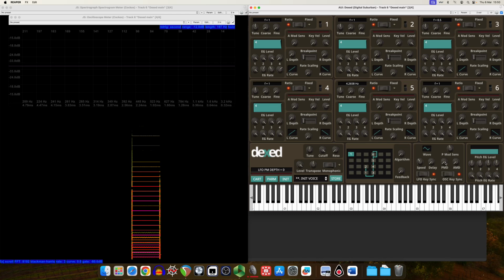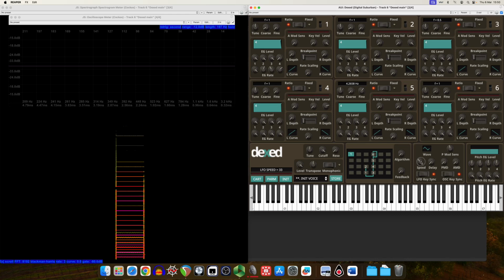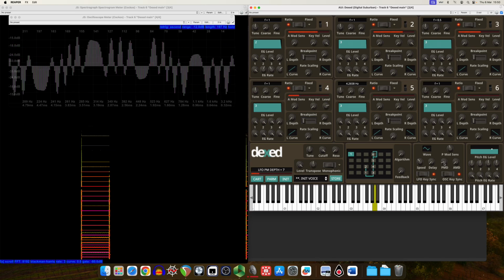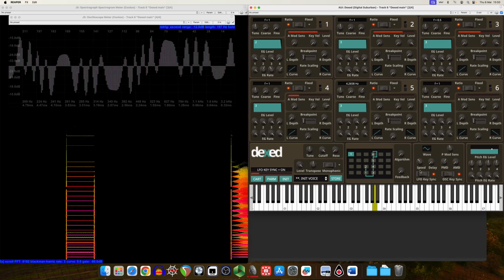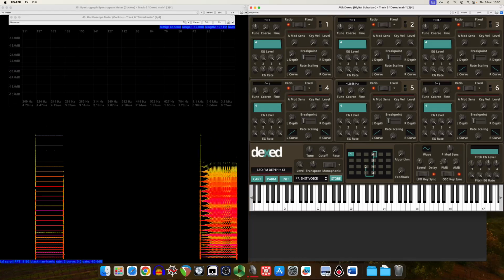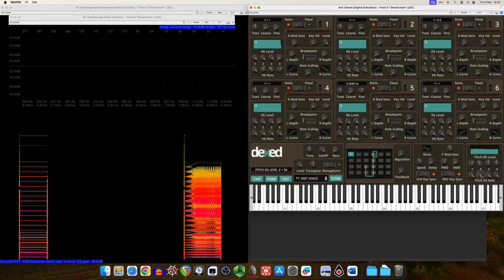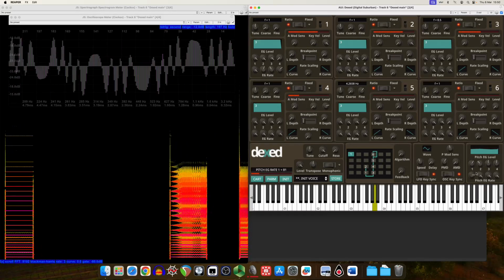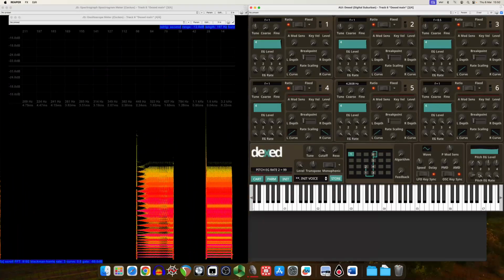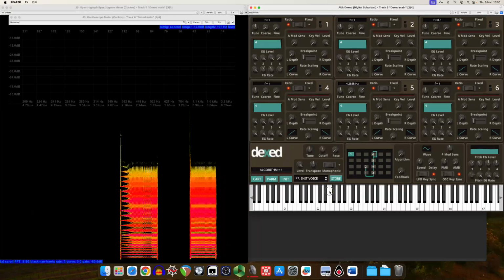The rate of the vibrato is set with the LFO speed control. That frees up operators for doing other jobs. Pitch glides can be set with the pitch EG area. There's also a normal old resonant low pass filter section if you need it.